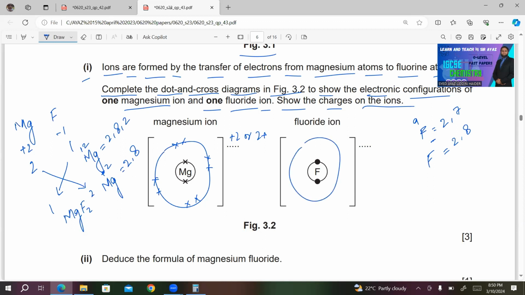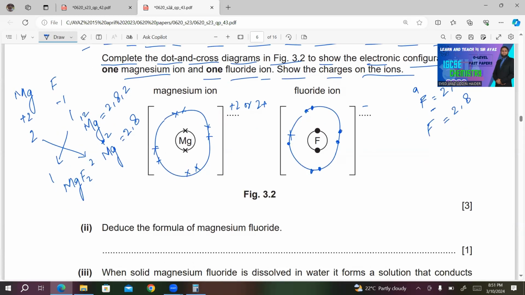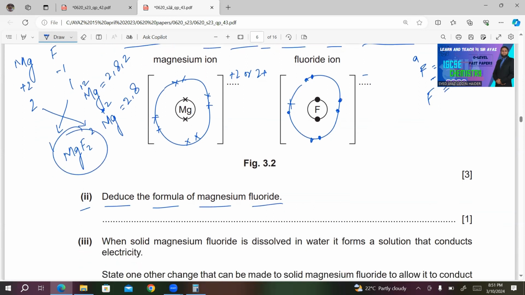So here are the electrons of fluorine first: 1, 2, 3, 4, 5, 6, 7, and the 8th electron comes from the magnesium atom. So it has gained 1 electron, so I have to place a minus charge. Number 2, deduce the formula of magnesium fluoride. I have already done this on the left hand side. So you'll write MgF2. This is the formula for magnesium fluoride.